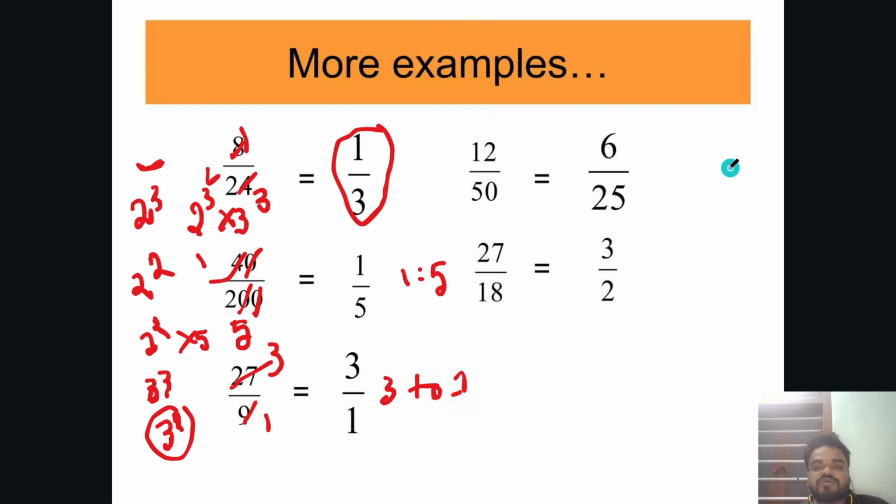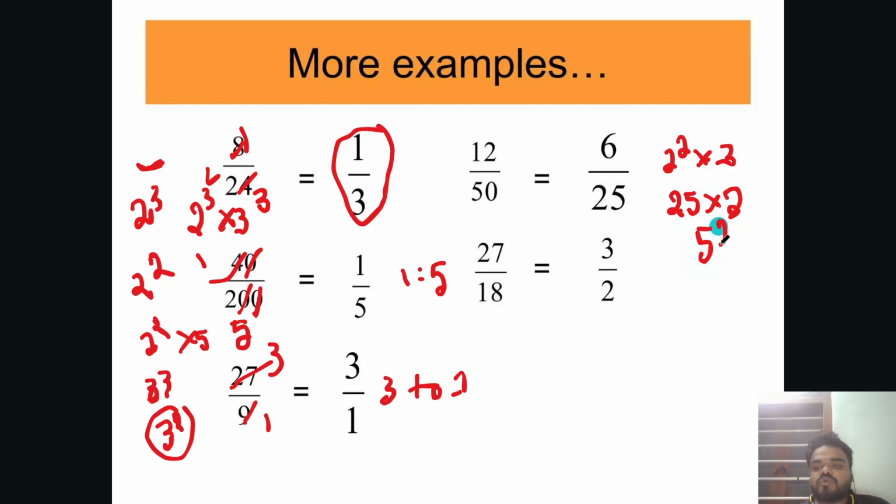12 by 50. What are the factors of 12? 2 square into 3. 50, 2 square? No. Let's find factors one by one. 50 is 2 into 5 square.